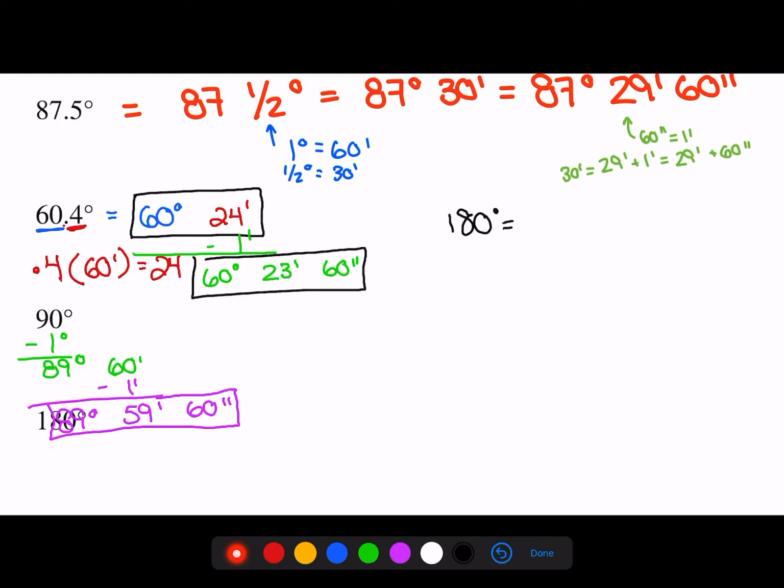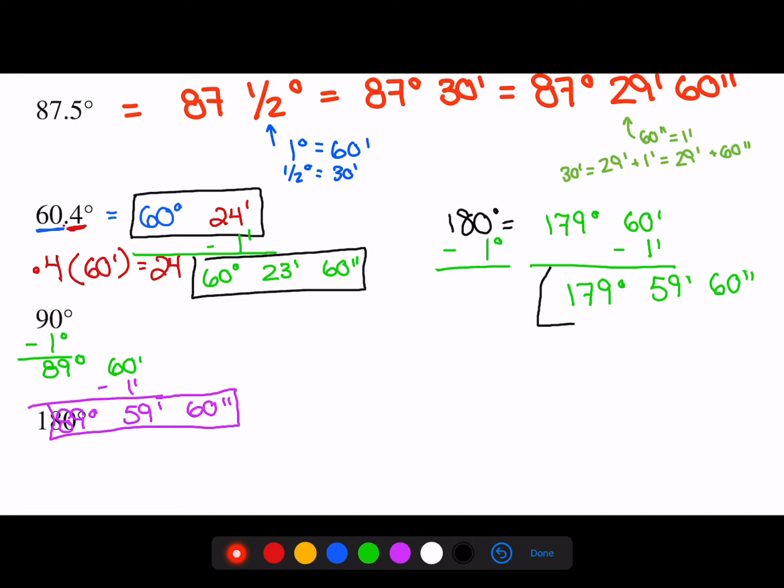All right, so this one is very similar to the 90 degrees one. Again, I just subtract 1 degree, which will give me 179 degrees and 60 minutes. If I want it in seconds as well, I subtract 1 minute, and that'll give me 179 degrees, 59 minutes, and 60 seconds.